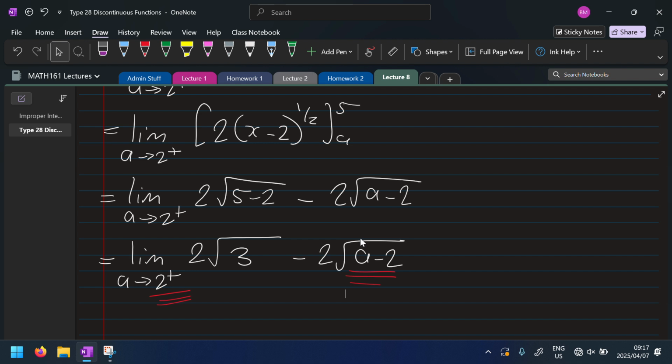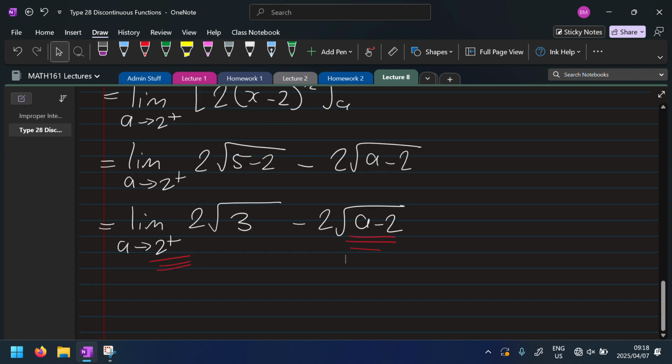Everything's fine. So please be very careful with how you take these limits. Because a goes to 2 plus, a is greater than 2, so the root there is positive, everything's fine. This goes to 0. If you did it the other way, you would get everything wrong because you would have to write does not exist. Well, it does exist. It's 2 root 3.